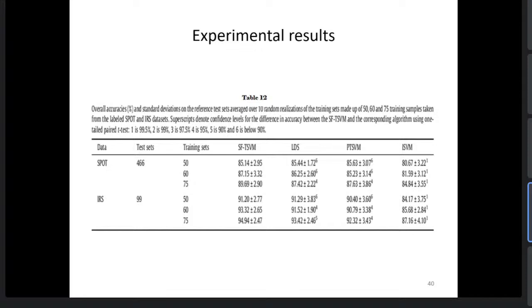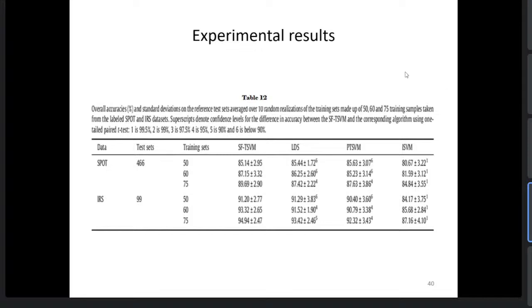For TSBM, the accuracy is 85.14 plus or minus 2.95. When compared with conventional SBM, whose accuracy is 80.67 plus or minus 3.22, the confidence level is 1 for our case, the highest.